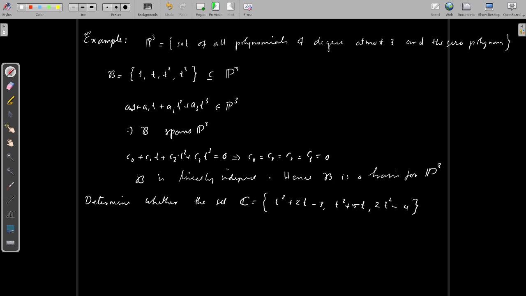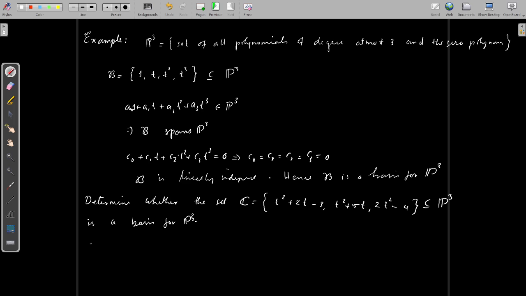So this contains 3 polynomials of degree 2. Of course, this is a subset of P3. We need to verify whether the set C is a basis for P3.